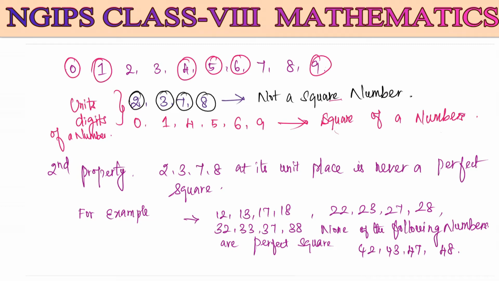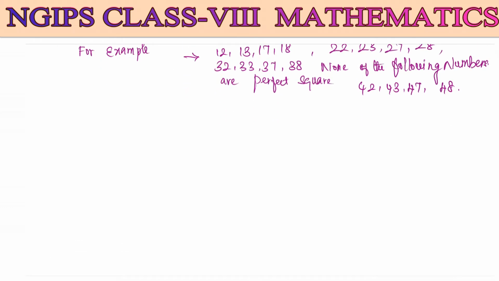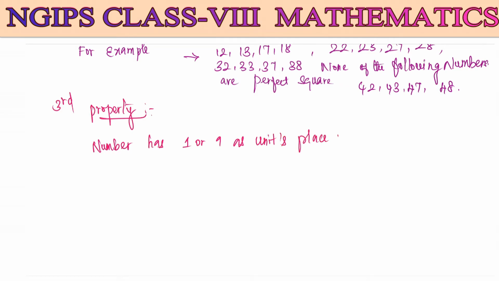Then we come to the third property. When a number has 1 or 9 as its unit digit, the square of the number always has 1 at the unit place.